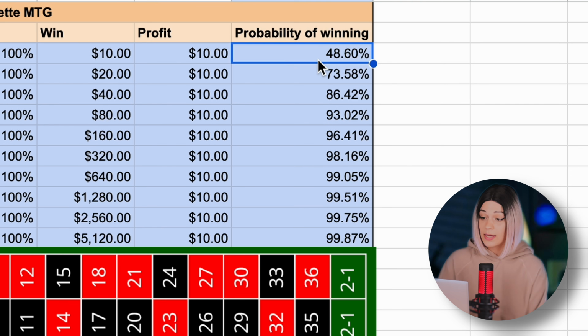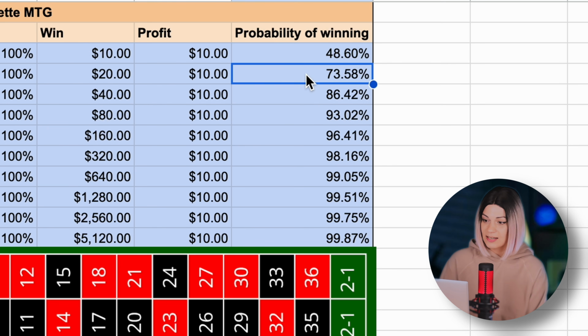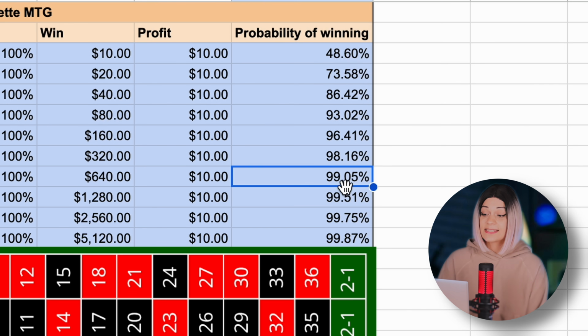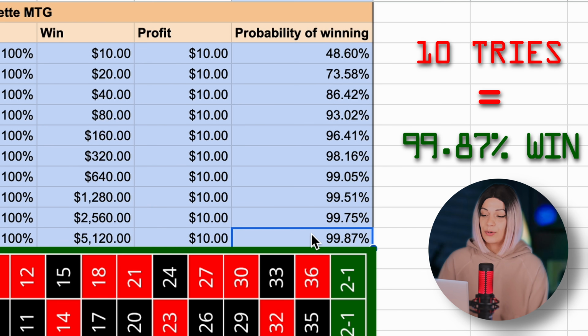So the first one, probability of winning is 48%. The second time, once out of 2 times, ball landing on red is 73%. 1 out of 7, it's 99.05. So if you're gonna get 10 tries, with the probability of 99.87%, at least one of those tries, the ball is gonna land red and you're gonna win.